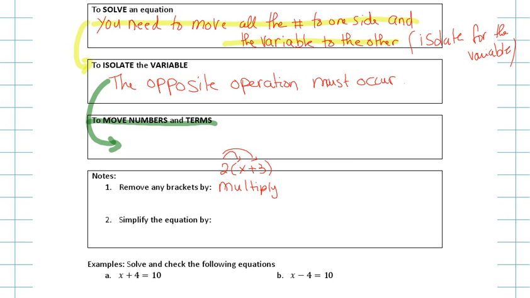Okay, so you remove any brackets by multiplying the number on the outside of the bracket with all terms on the inside.